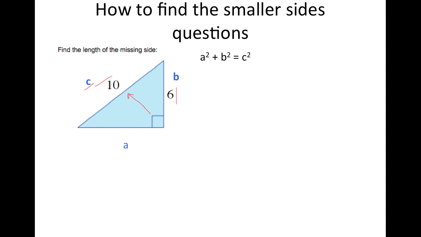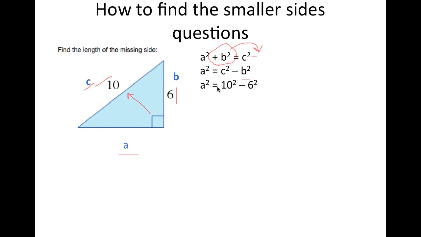Now, if we look closely, we're being asked to find A. This time not C but A. So what we have to do is make the formula so it's a squared equals something. So that's what we do. We take this b squared onto the other side, making it a minus b squared. Okay, so there you go.